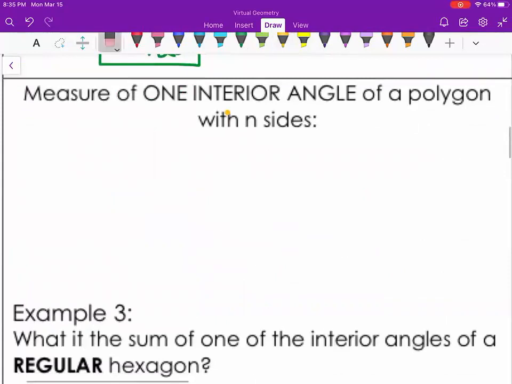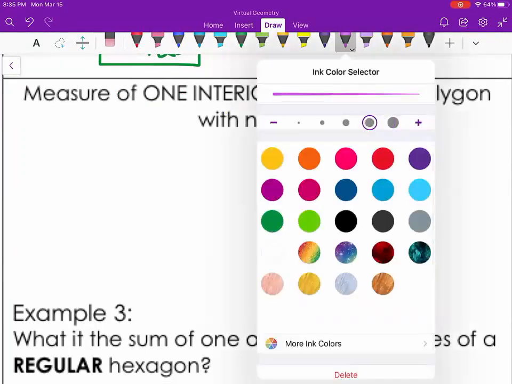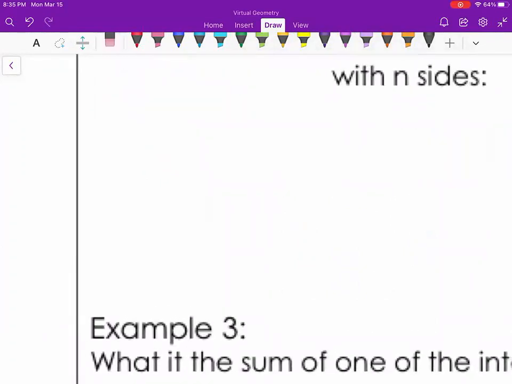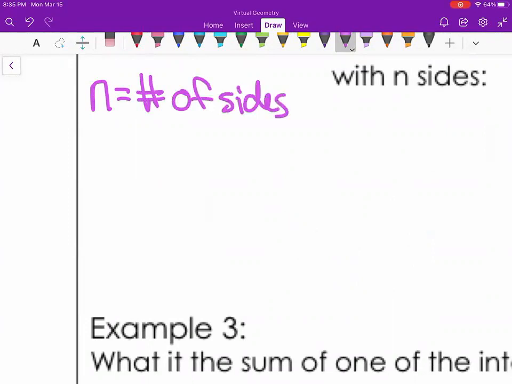Now, some of the other formulas that we're going to be working with is to find the measure of one interior angle of a polygon with n sides. So again, one thing I said earlier is that n could stand for one of two things. n could be the number of sides, or it could represent the number of angles.